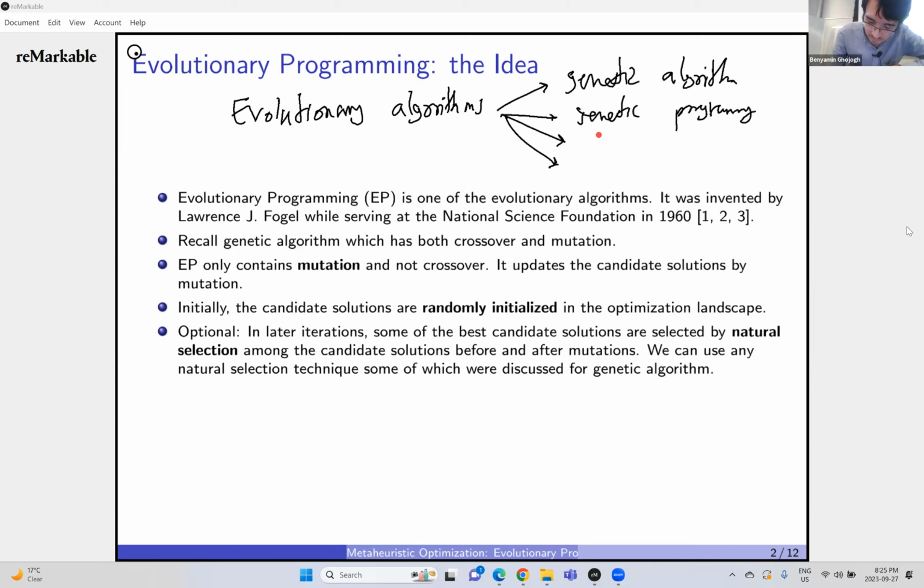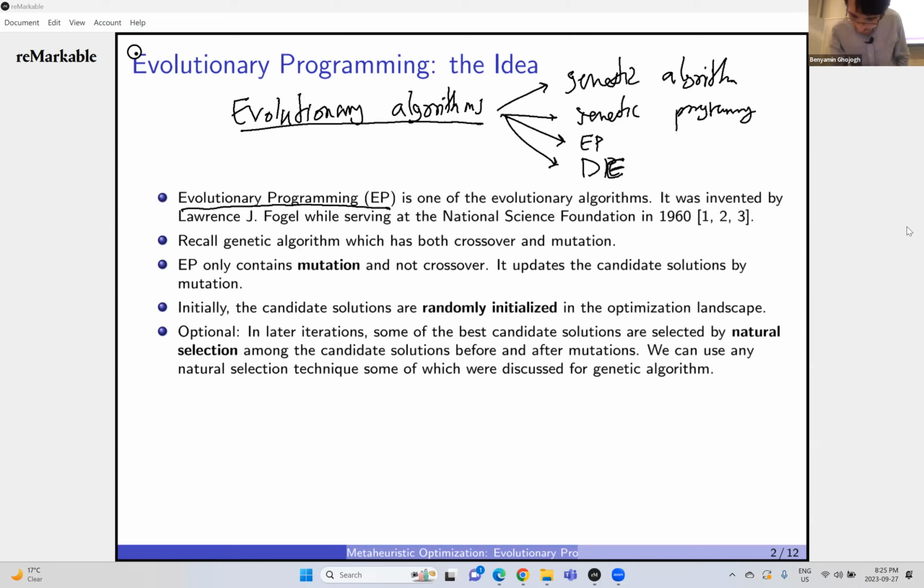One of them is evolutionary programming. The other one is differential evolution, sorry, I got confused. All of these have the idea of evolution in them, and we call them evolutionary algorithms. So don't confuse evolutionary programming and evolutionary algorithm. Evolutionary programming is one of the evolutionary algorithms.